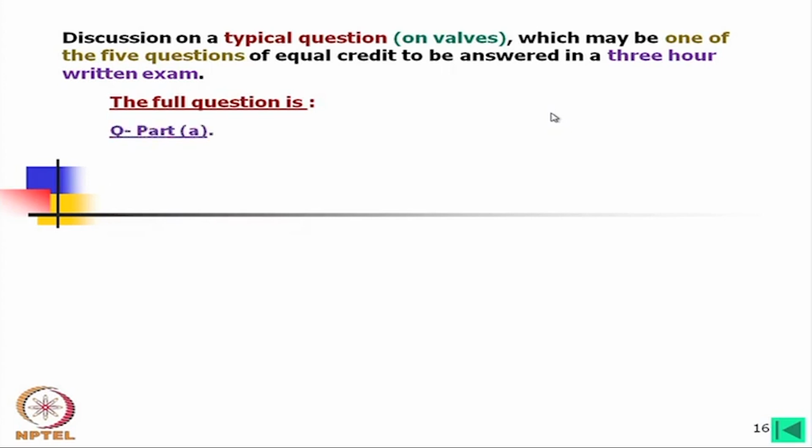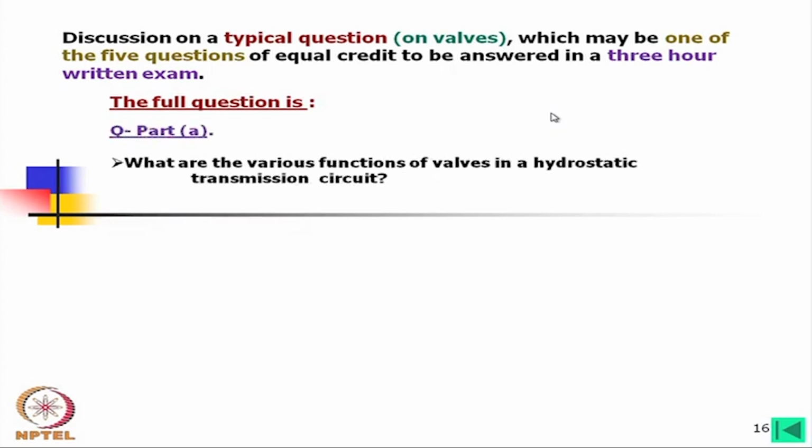The whole question, part A: what are the various functions of valves in a hydrostatic transmission circuit? Then another sub part: how are the valves represented symbolically?